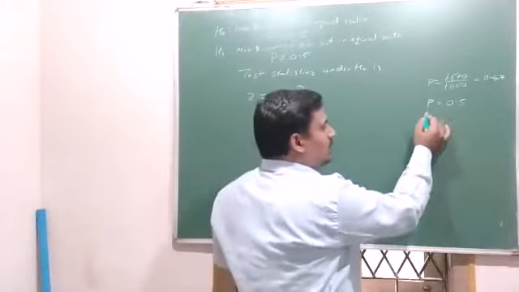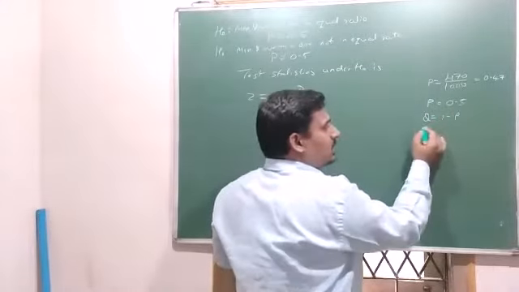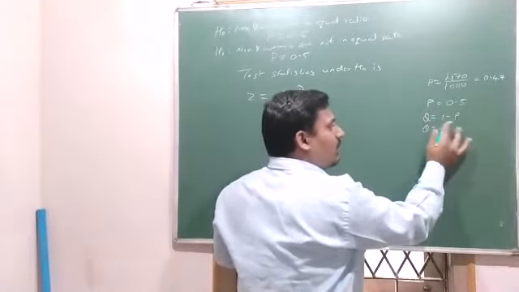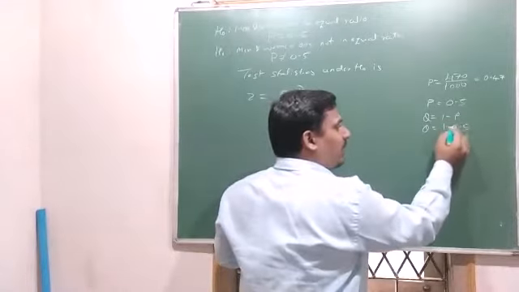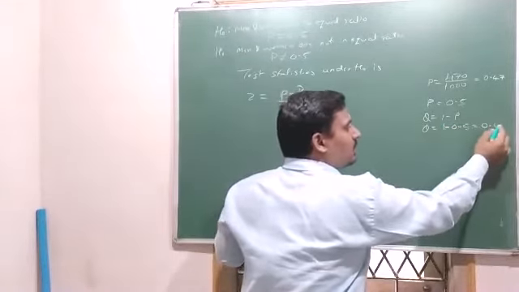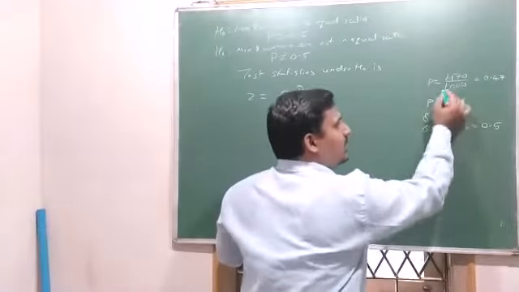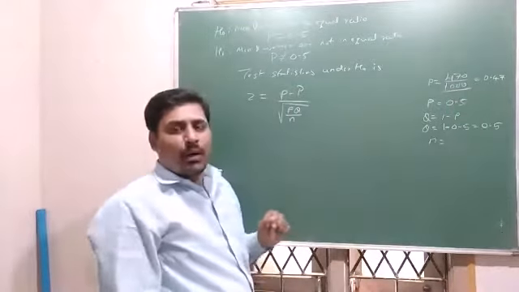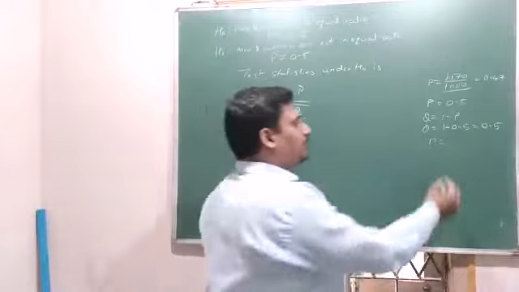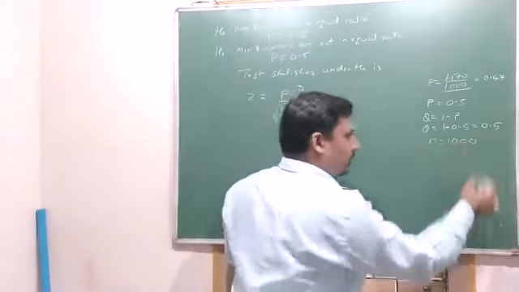Q is equal to 1 minus P, so Q is 1 minus 0.5, which is 0.5, and N is the total sample taken, that is 1,000.